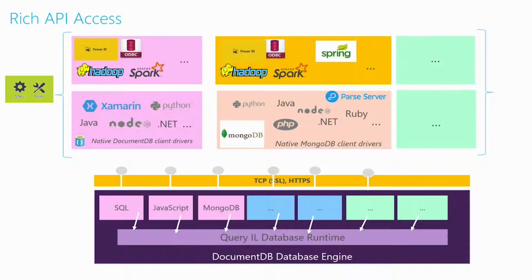We have client libraries, SDKs, tools, and frameworks that allow every developer to use their favorite tools and technologies to access DocumentDB as a multi-model database. With the support for MongoDB, we actually include a rich set of MongoDB tools, frameworks, IDEs, as well as community to work with DocumentDB as a native MongoDB database.